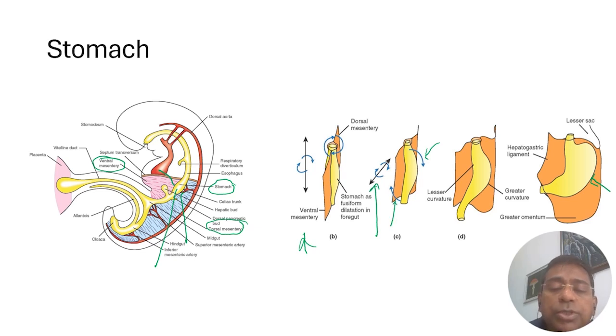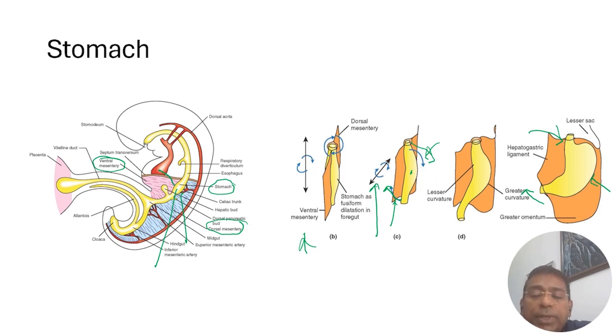So due to this rotation along the anteroposterior axis, the upper end of the stomach will shift to the left and goes a little lower, and at the same time the lower end will shift to the right and it moves a little upwards. And with these changes the stomach acquires the adult position.